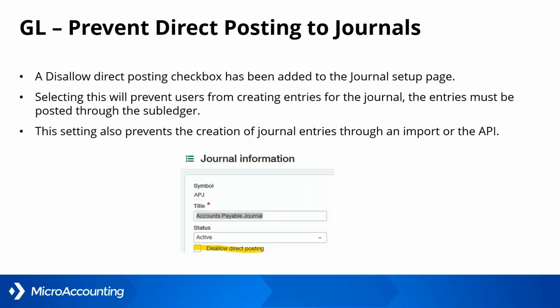Right. In GL, we can now go in and prevent direct posting to journal entries. I know we've worked with some of our clients where we have set up smart rules and smart events to prevent users from posting journal entries to perhaps the AP journal code, which is designed for system-generated entries.